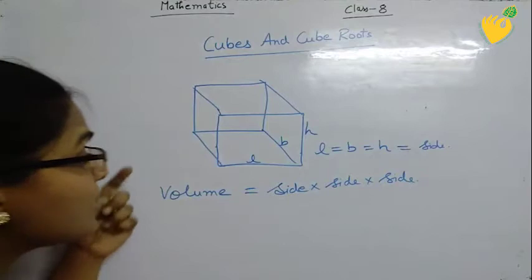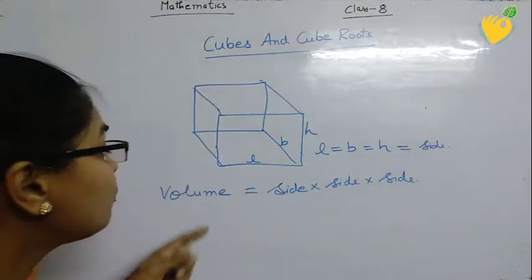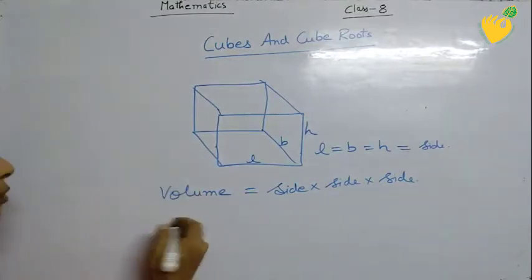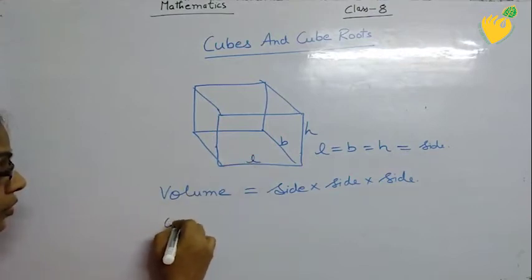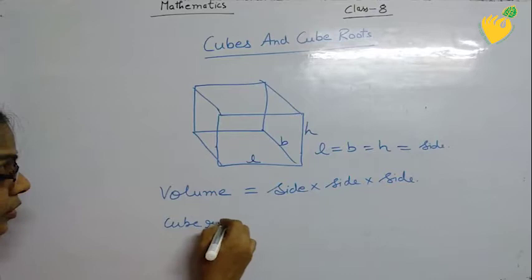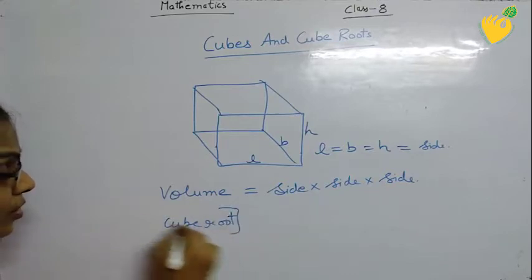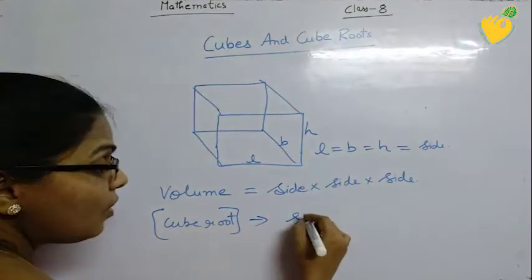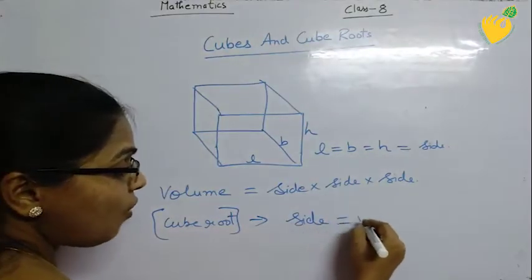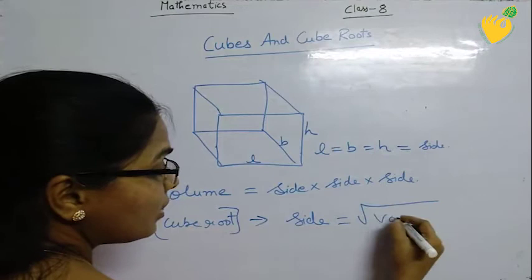So we use the concept of cube to find the volume. We also use the concept of cube root. Where, students? To find the side, or you can say dimension, of the volume.